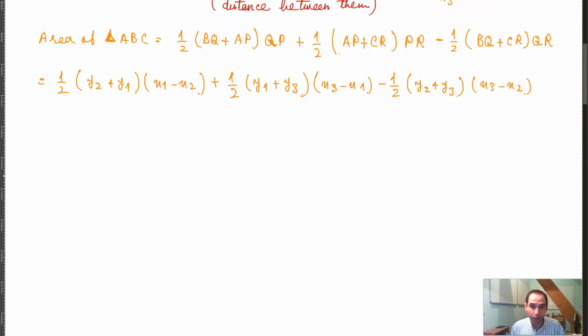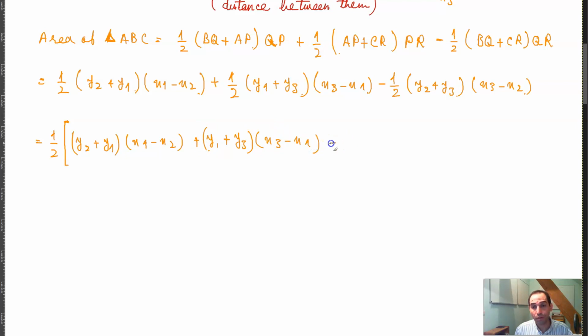If I take this 1/2 out from these terms, I will get 1/2 times (y2 plus y1) times (x1 minus x2), plus (y1 plus y3) times (x3 minus x1), minus (y2 plus y3) times (x3 minus x2), right?